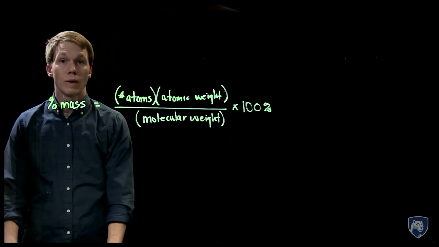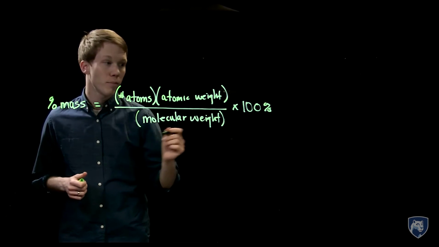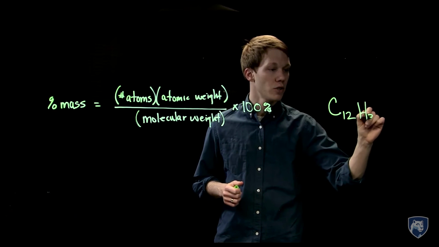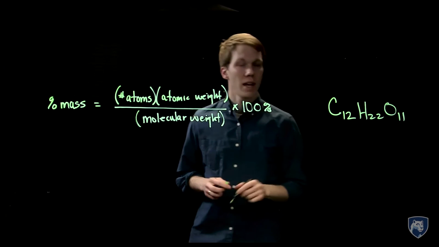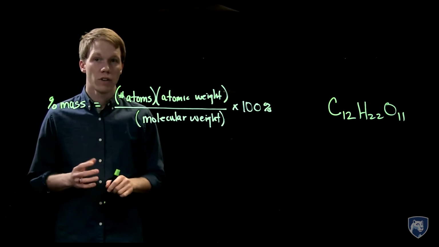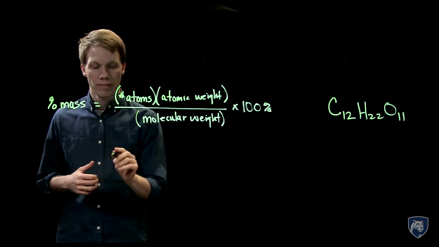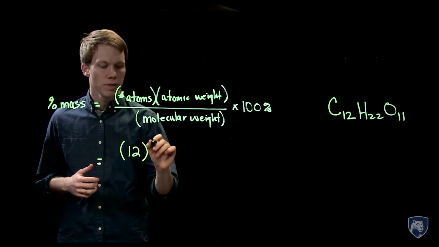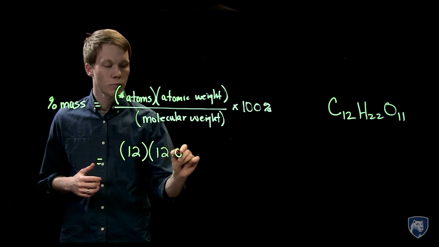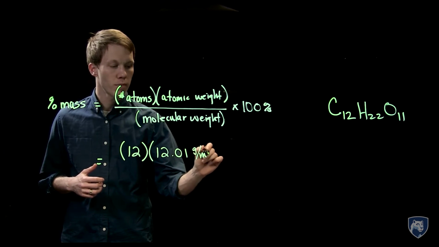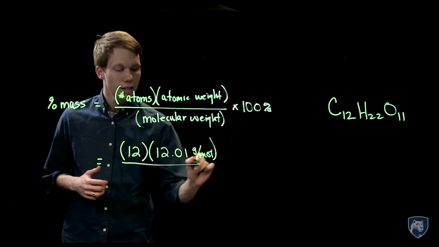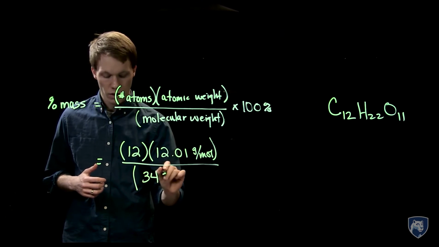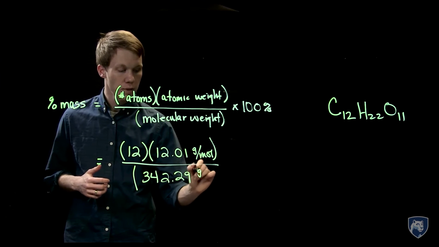So when we consider an example like sucrose, C12H22O11, what is the mass percent of carbon in that compound? We would say that there are 12 carbon atoms, each weighing 12.01 grams per mole, and the total mass of sucrose is 342.29 grams per mole.